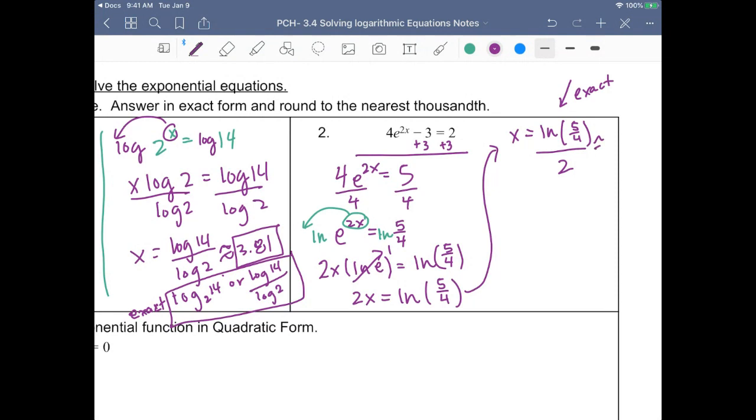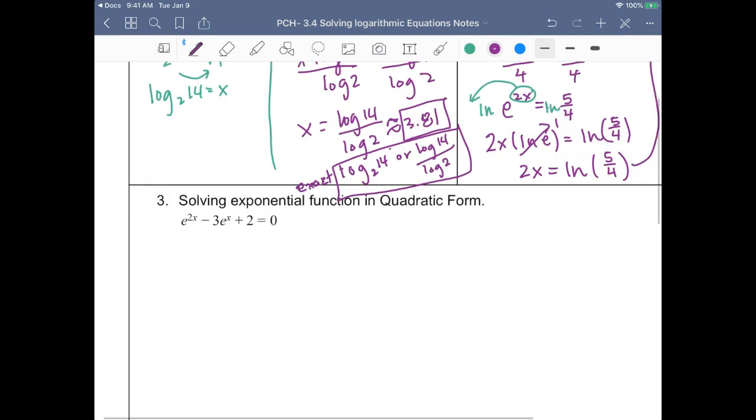And this is about equal to positive 0.11, I believe. I'll just check it in my calculator. Oh, that's not right. This is equal to 0.091. Okay, I think I checked.